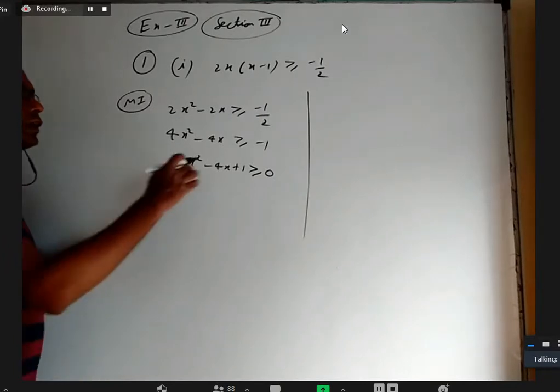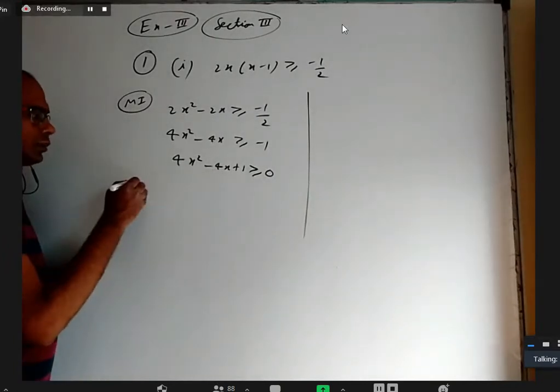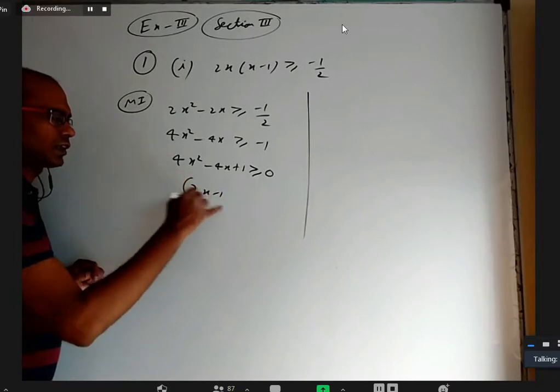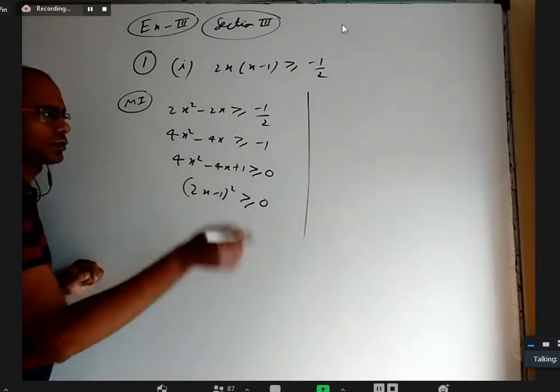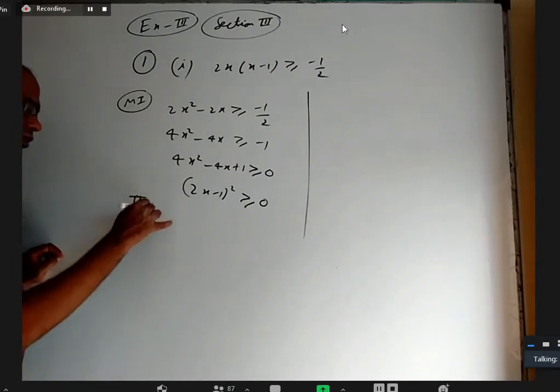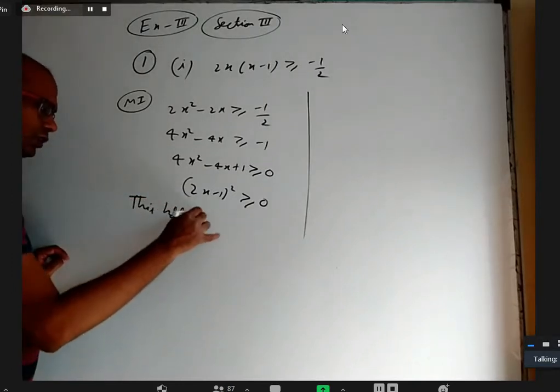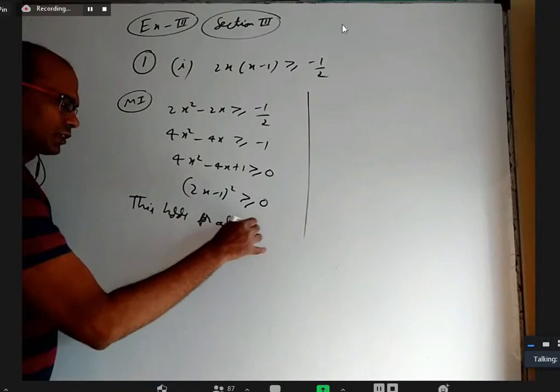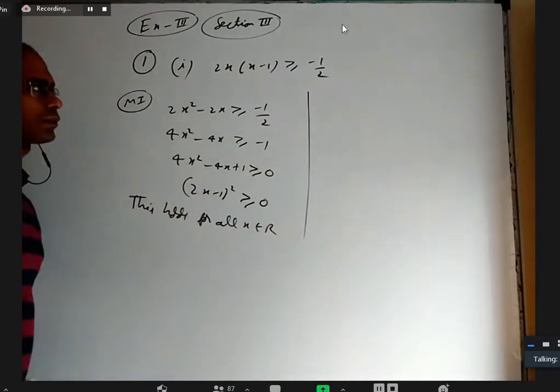So here you can directly write (2x minus 1) whole square is greater than or equal to 0. That's correct. This holds for all x belongs to R because a perfect square is greater than or equal to 0.